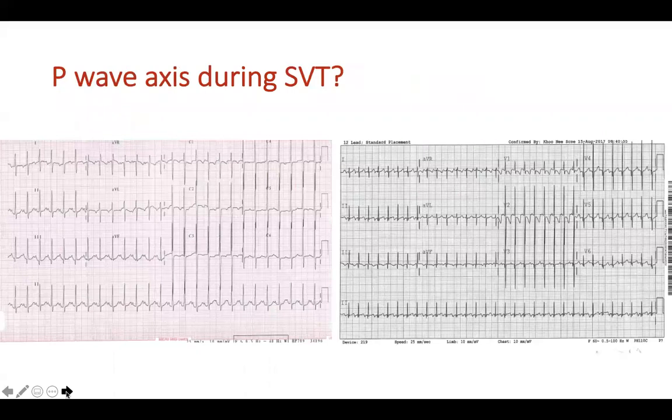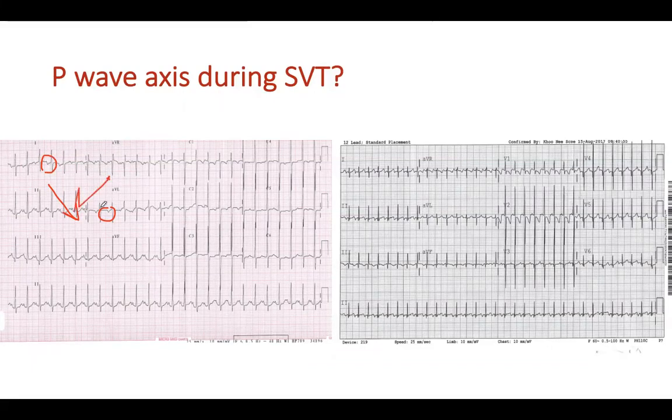So, P wave axis during SVT. We already discussed this. No, this is a different patient. This is a patient who is in tachycardia and non-sinus, right? P wave is negative in lead I, and negative in lead aVL. So it's non-sinus tachycardia, but the axis is going from top to bottom, and then left to right.